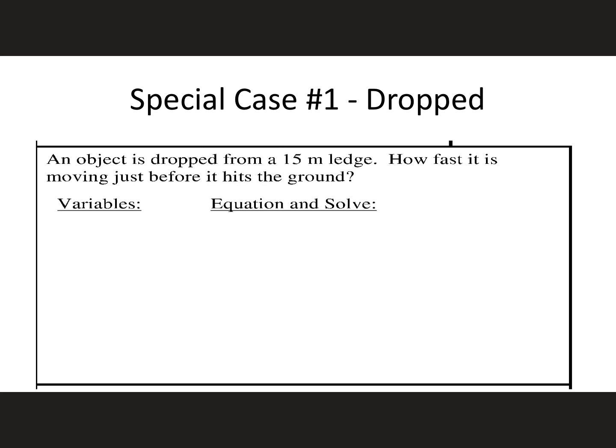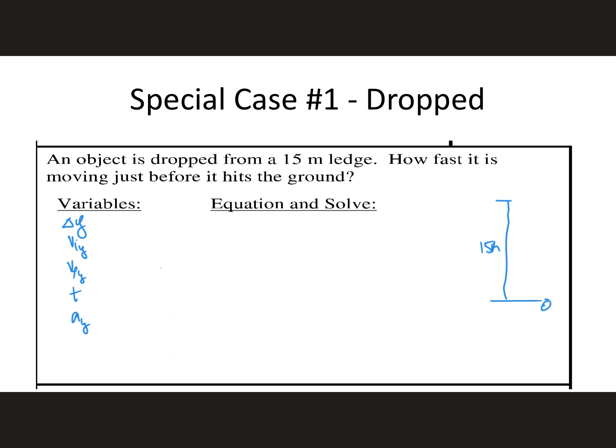Okay, let's try this out together. We're going to start by putting out all of our variables. We've got delta x. Not delta x, we're doing delta y. We've got our initial velocity in the y direction, our final velocity in the y direction, time, and our acceleration in the y. Let's go through here. So it's dropped from a 15-meter ledge. Okay, you gotta decide where you're gonna put your stuff here.